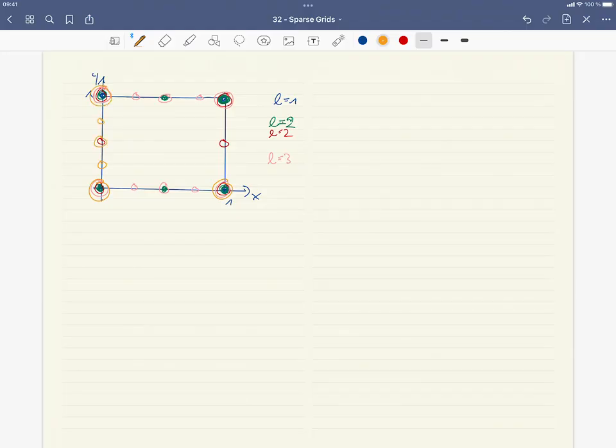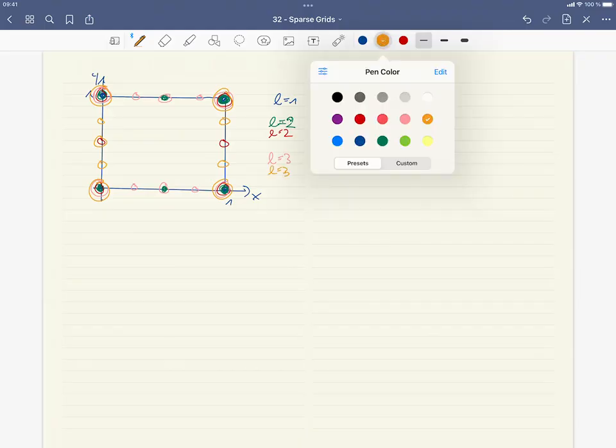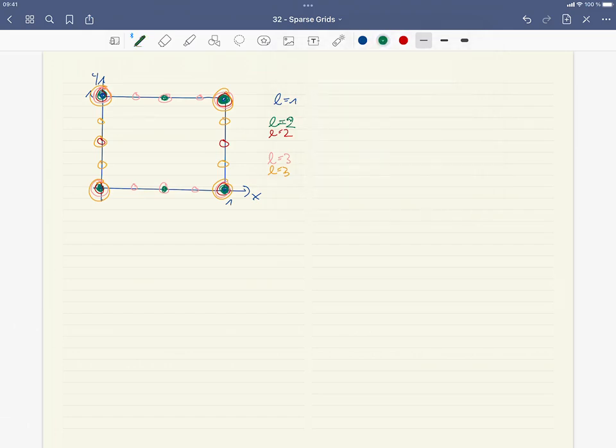And now in addition, I'm gaining this point here and this point here. The other ones are just kept. So let's maybe add this to the points. So that's 1 cross 2. That was 2 cross 1. That one was 3 cross 1. This one 1 cross 3.